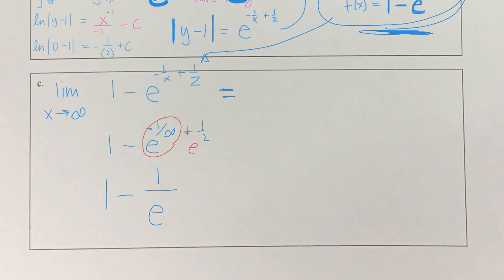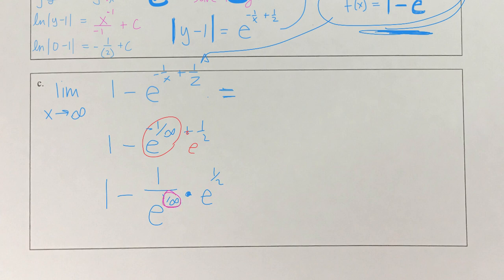So 1 minus 1 over e to the 1 over infinity power times e to the 1/2 power. When we have a plus with your e base, we're going to split it into a multiplication of 2 e bases.